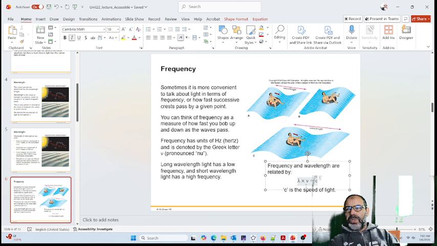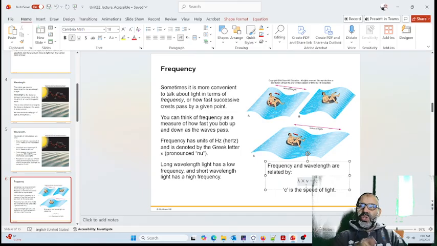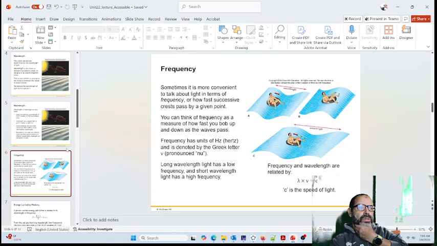So if nu is low frequency, lambda is going to be high because I'm dividing by a small number. If nu is high, then I'm dividing by a big number. That means the wavelength is short, okay? And vice versa. So that's basically the relation between the two. This relationship is known as the dispersion law, okay? It really comes directly from the properties of waves in general, not just for light.